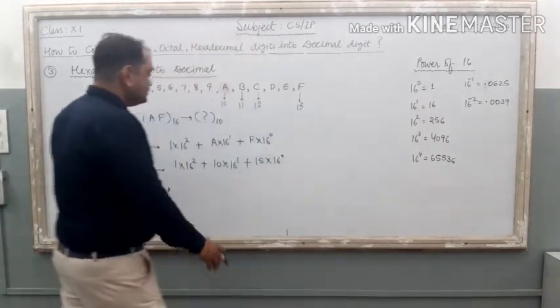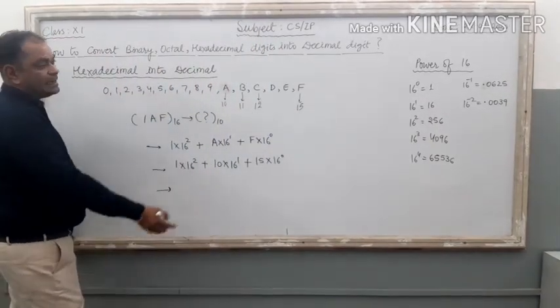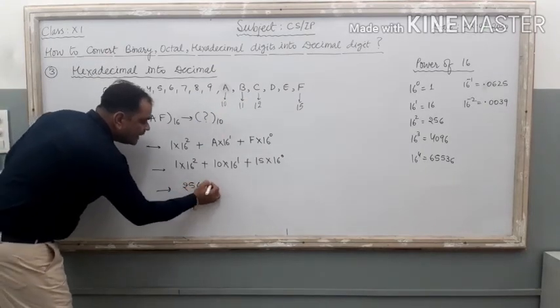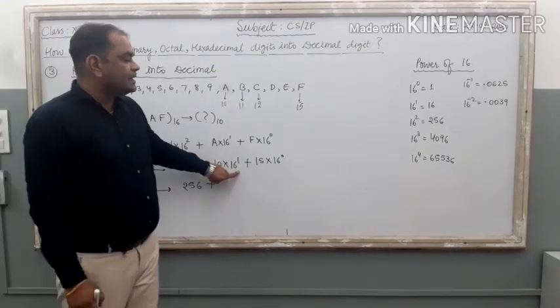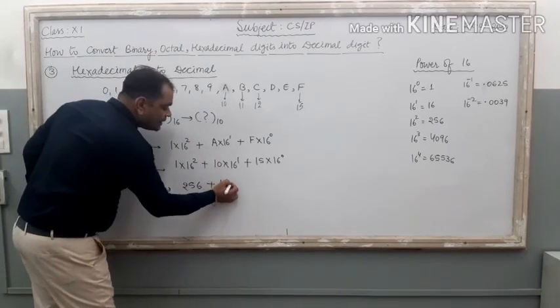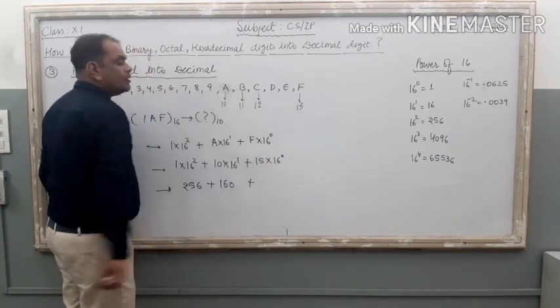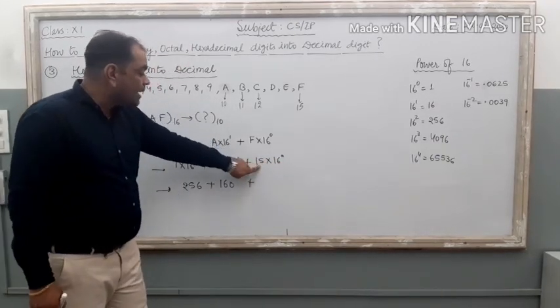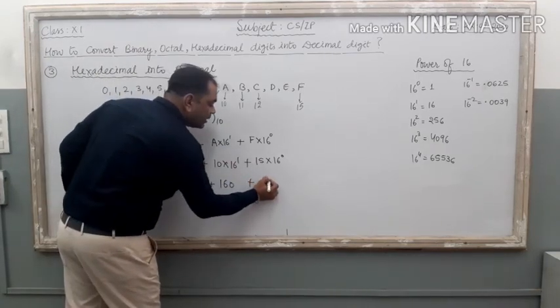Clear? Now, 1 into 16 raised to power 2, 16 squared, is 256. Then plus 10 into 16 raised to power 1, 10 into 16 means what? It is 160. Then 15 into 16 raised to power 0, which is 1. Now 1 is multiplied by 15. The result is 15 only.